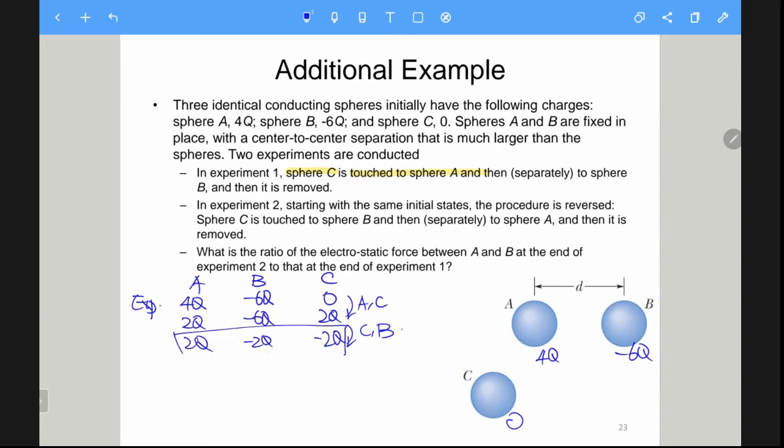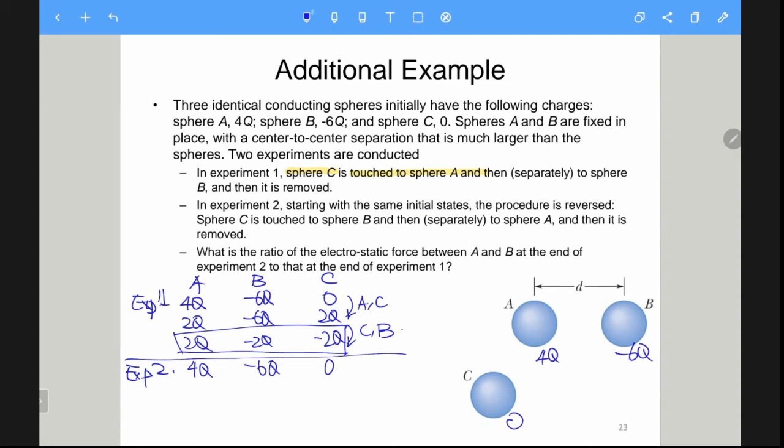This is the final situation for experiment 1. For experiment 2, initially they still have 4Q, minus 6Q, and 0 charges.